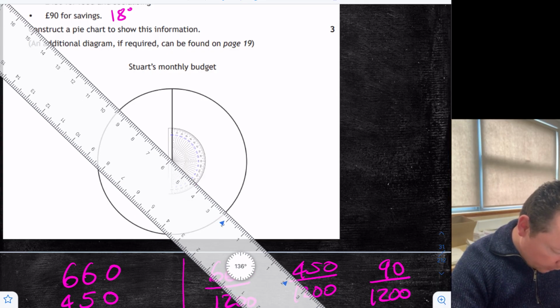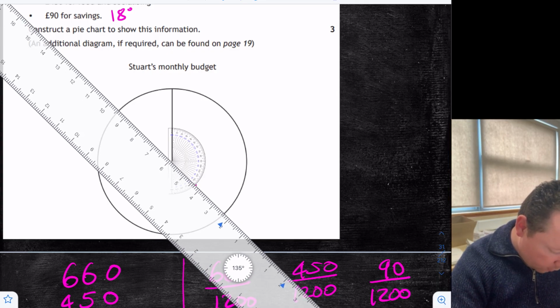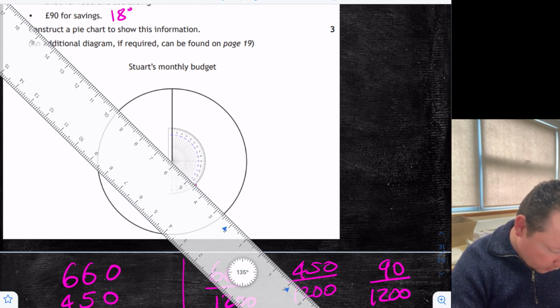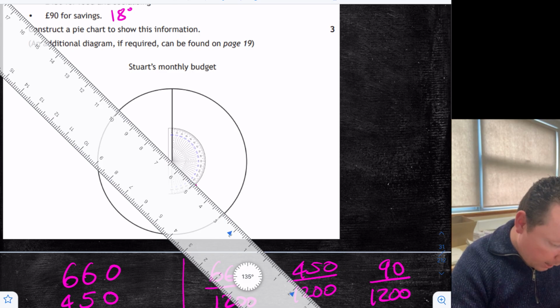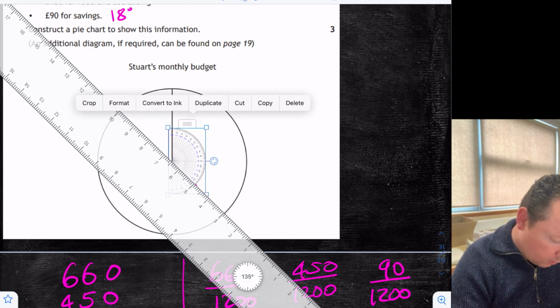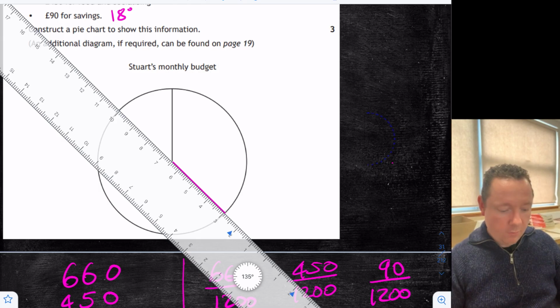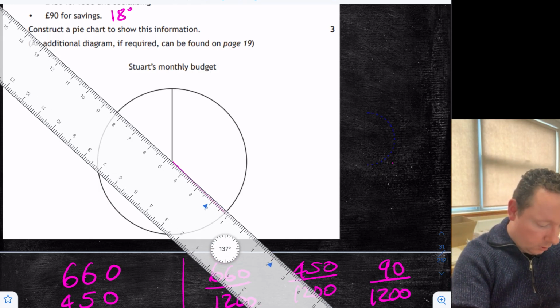Now my dot might disappear because of the way my iPad is, but don't worry. I'll leave the ruler where it is so that it's lined up nice through the dot, as you can see. And we just move our protractor out the way, and we draw a line from the middle to the outside of my circle nice and neatly. And we've got our first line, so we can get rid of our ruler.